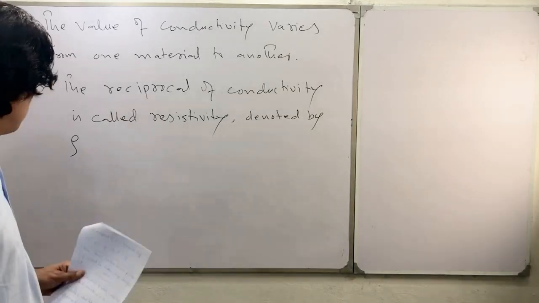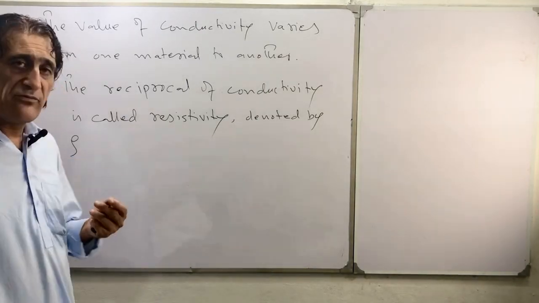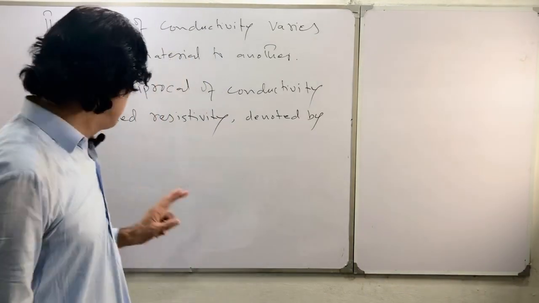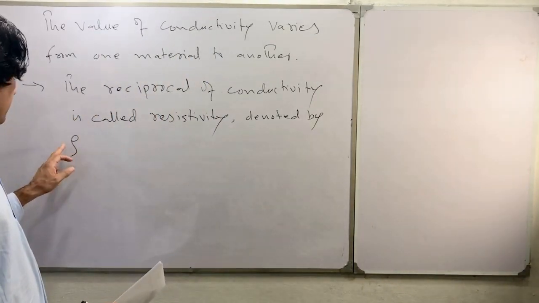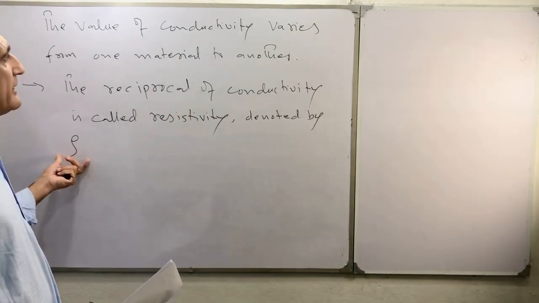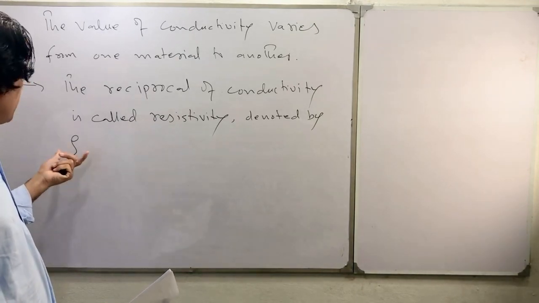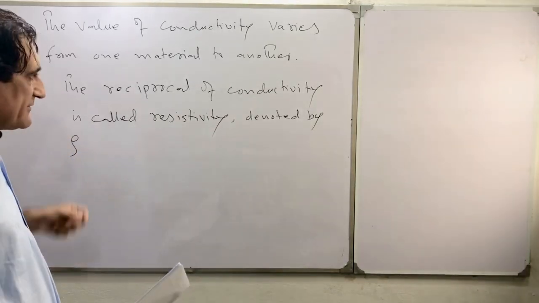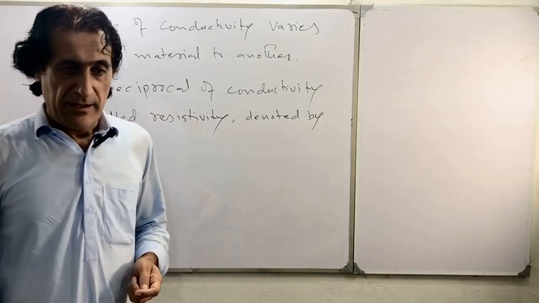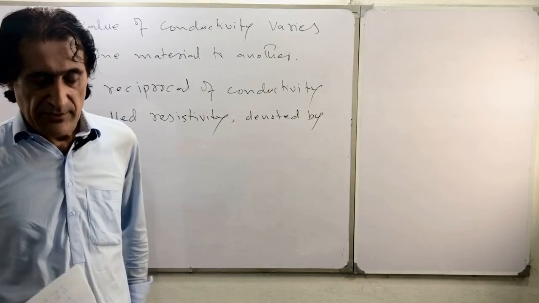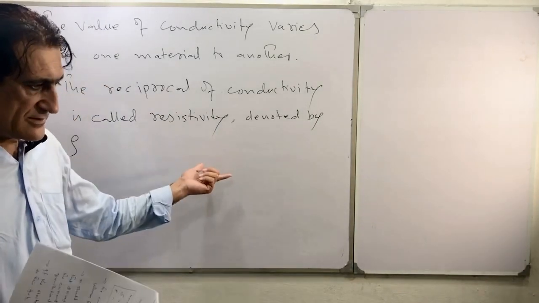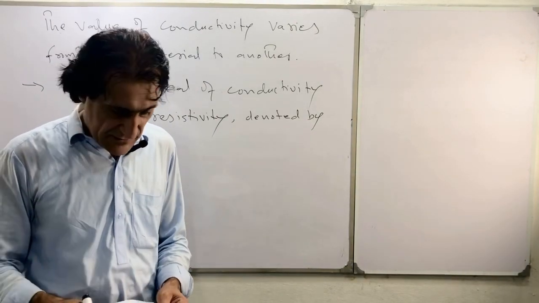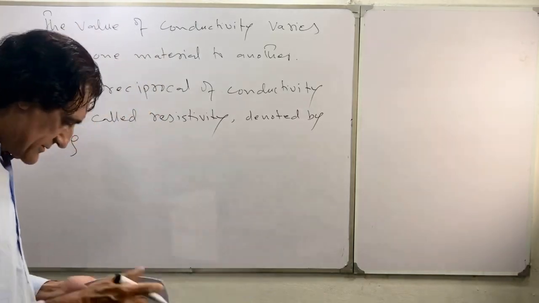Previously we have used rho for the volume charge density, so don't confuse between the symbols. Now in electrodynamics we are using rho for the resistivity, and previously rho was the volume charge density, and sigma is also the conductivity, and previously it was the surface charge density, so don't confuse.